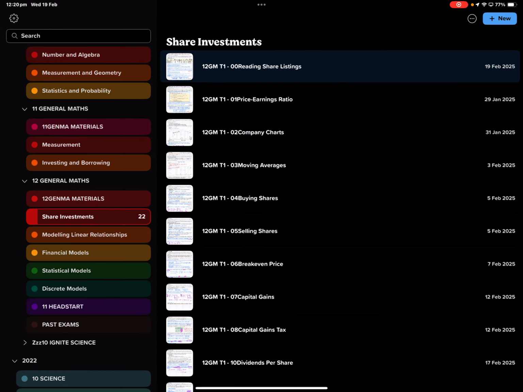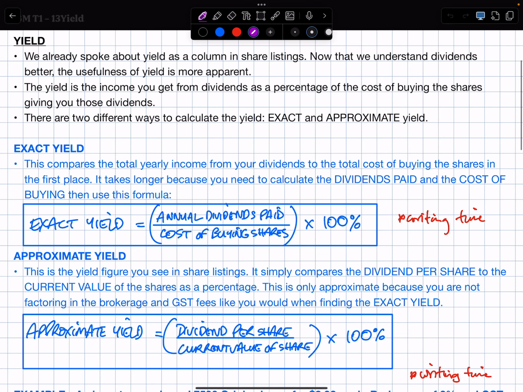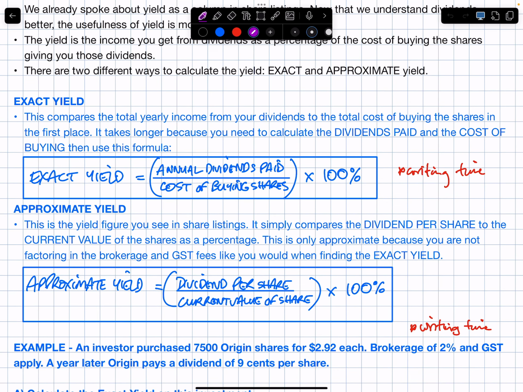Okay? So there's two ways that you calculate yield. There's exact yield. This compares the total yearly income from your dividends to the cost of buying the shares in the first place. Why does it take longer? Because you need to work out dividends paid, and you have to do a cost of buying and then use this formula.